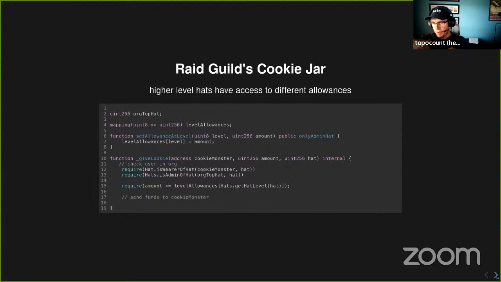The way that this works is you pass in the hat that you're wearing, and then it checks that the amount that you are requesting is less than or equal to the amount that you are entitled to with that hat, basically. So that way you can have different levels of permissioning based on a hats tree, different levels of trust in your org based on your hats tree, and I think that that's cool.